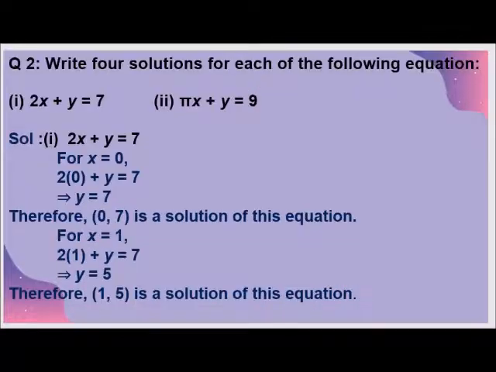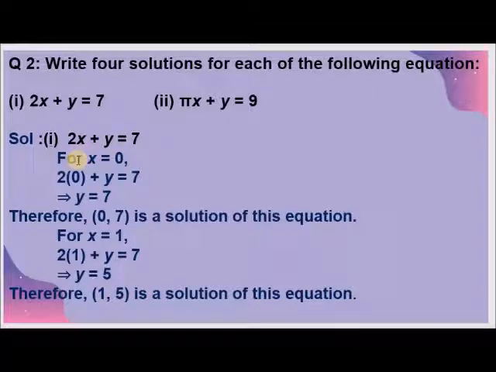Fine. Now, our second question is, write four solutions for each of the following equations. Our first part is 2x plus y is equal to 7. So, for finding the solutions we know we have to put the value of x and accordingly the value of y will come, or we will put the value of y and accordingly the value of x will come.